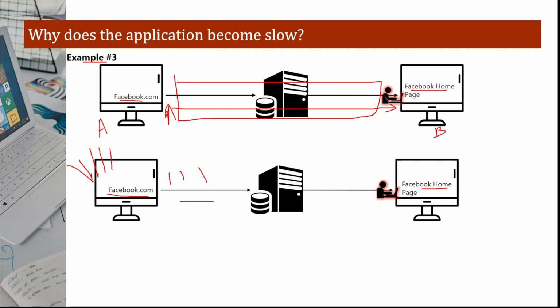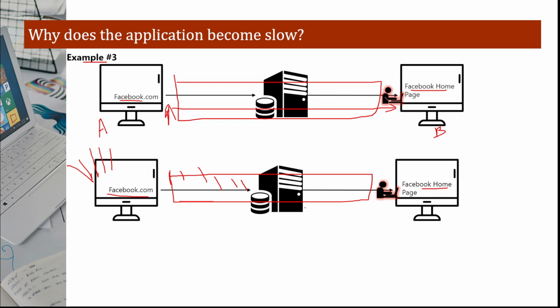Multiple people are saying I want to access facebook.com, and all the requests are going to the same route, following the same route to get the home page. Because of that, there is traffic on this route, and that traffic is causing slowness. For you, it will take more time to get the Facebook homepage, with some delay.